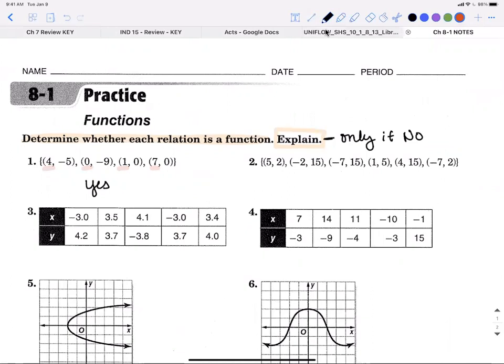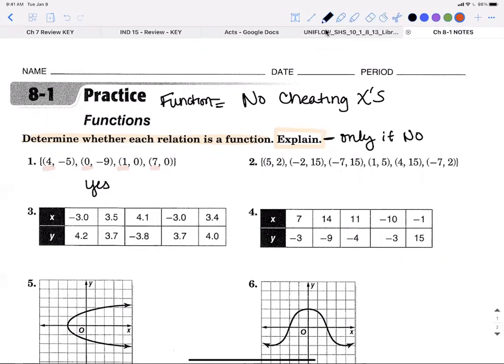The other thing I want you to write, and this is just a silly memory trick, is: a function is if there are no cheating x's. No cheating x's. That is your only test you have to pass when you're given a relation.